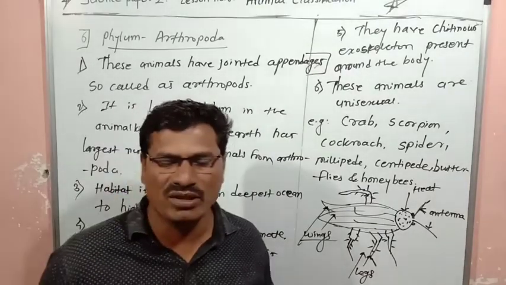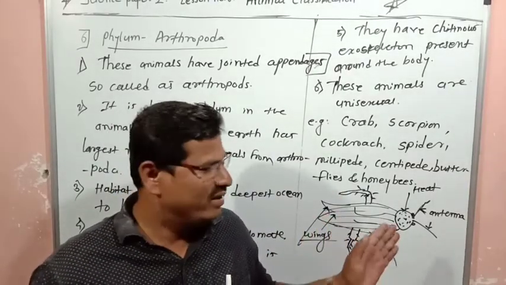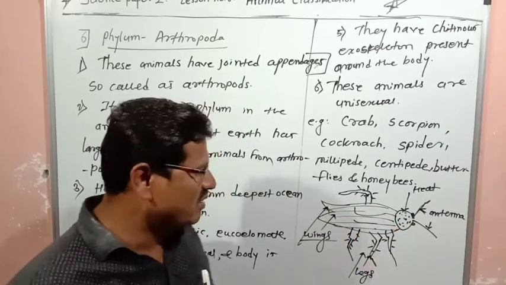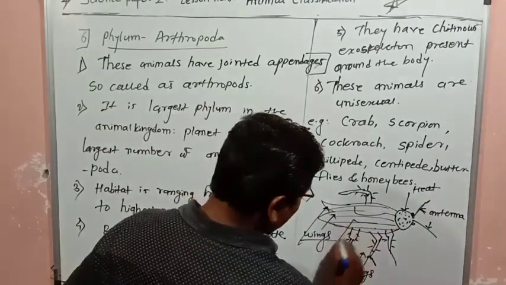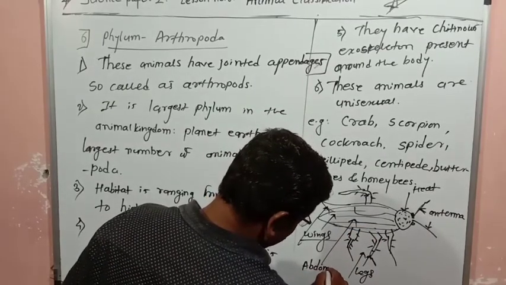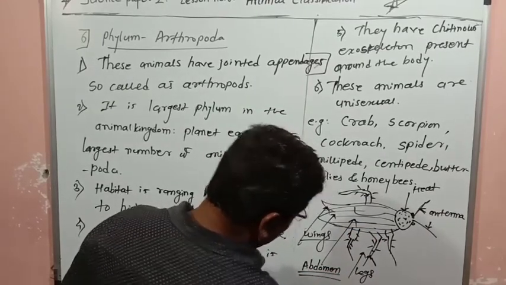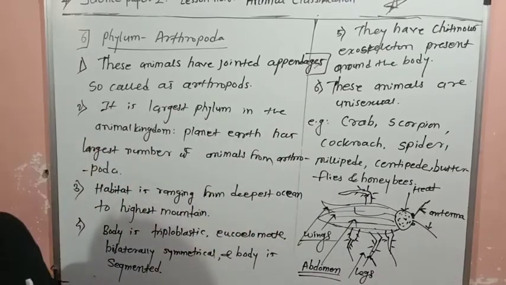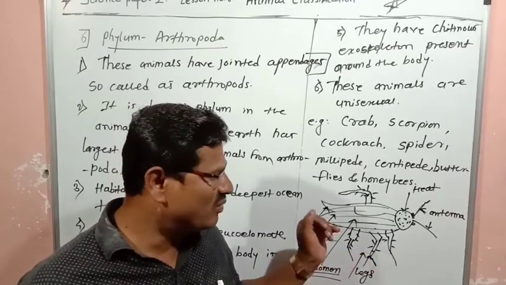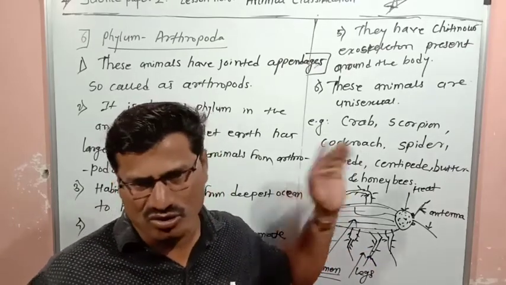So it will be a cockroach: antenna is there, head is there, legs are there, wings are there, and this one will be the abdomen. So these are the characteristics and some examples of arthropods.